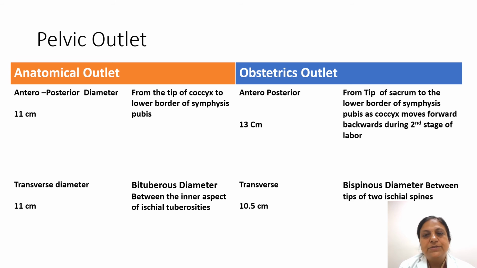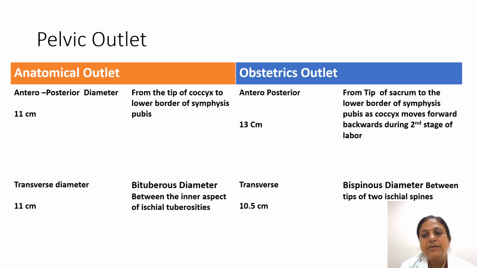Now coming to the obstetric outlet, the anteroposterior diameter is from the tip of the sacrum to the lower border of the symphysis pubis, as the coccyx moves forward and backward during the second stage of labor. This measures 13 centimeter. The transverse diameter of the obstetric outlet is the bispinous diameter, that is between the two ischial spines.